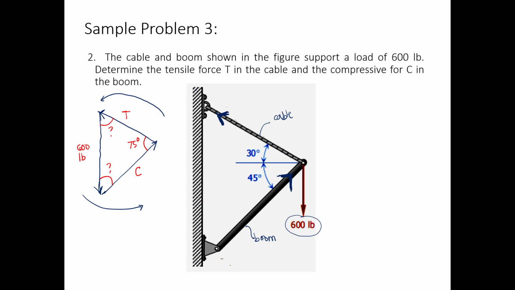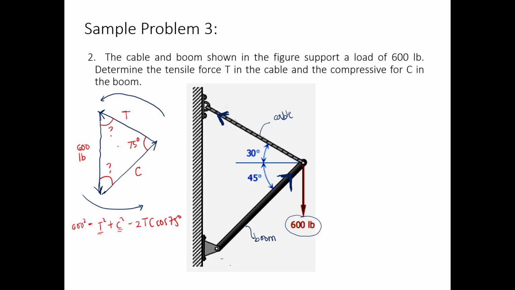Even if you want to really push with the cosine law, let's say we have 600 squared equals t squared plus c squared minus 2tc cosine 75 degrees. Notice that we cannot solve the system because the cosine law gives us two unknowns.